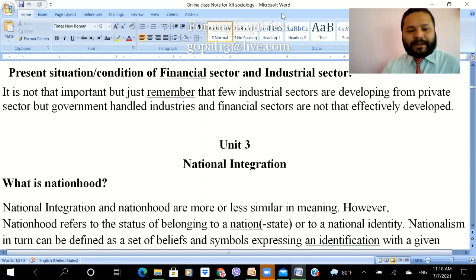So nationhood simply means the feeling of ownership towards the nation. How will we be able to ensure nationhood, and how is uniting all the people of the nation possible through nationhood practice? The national anthem practice is also one aspect.